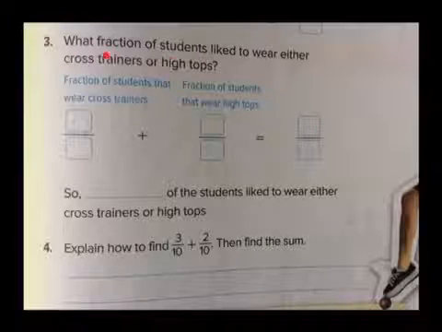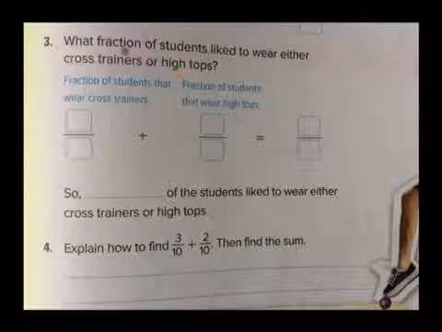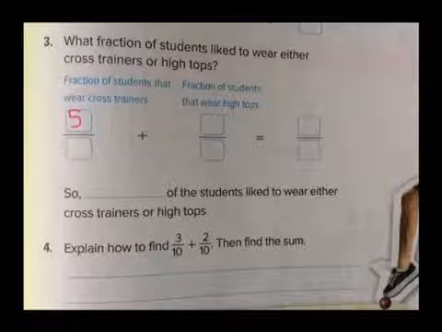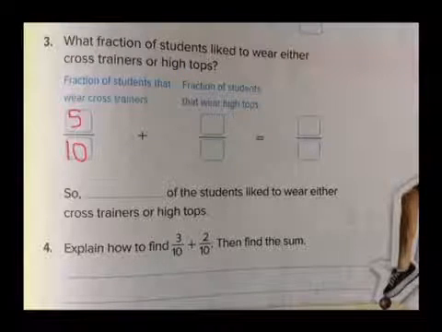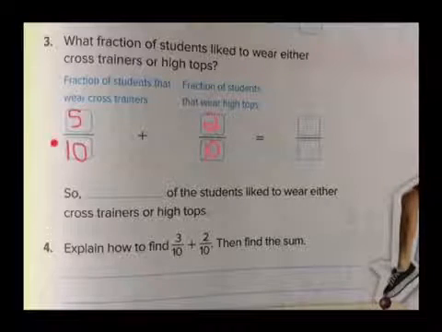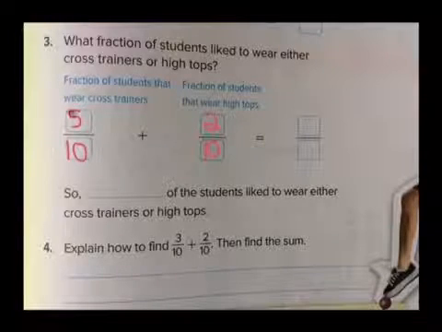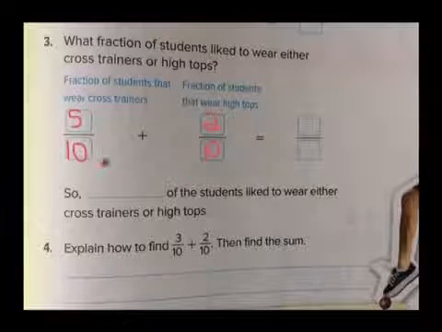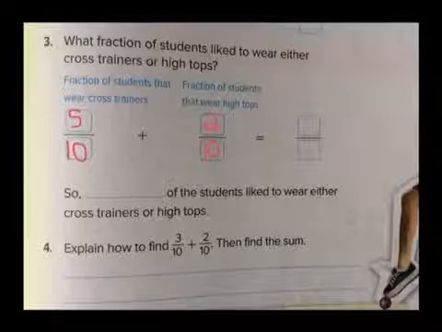Number 3, what fraction of students like to wear either cross trainers or high tops? Well, cross trainer was 5 out of 10, right? And high tops was 2 out of 10. We have a like denominator. This is what we call a like fraction because the bottom numbers are the same. So we just keep the same number, right?